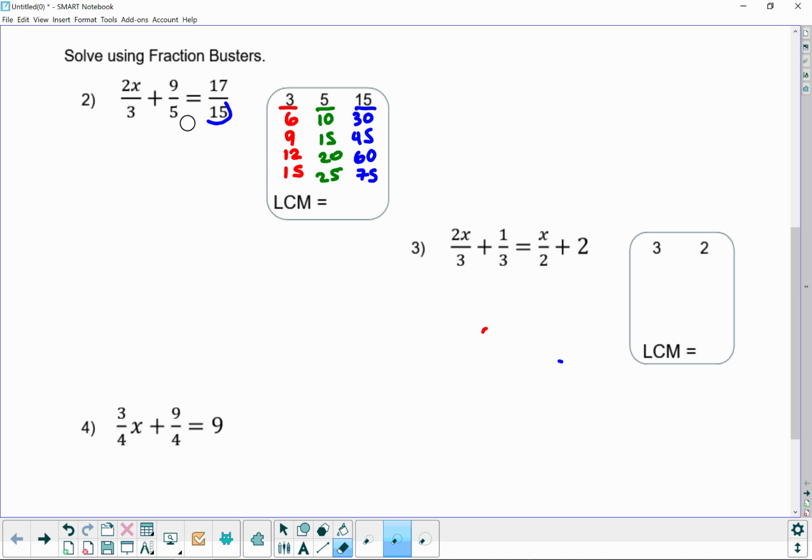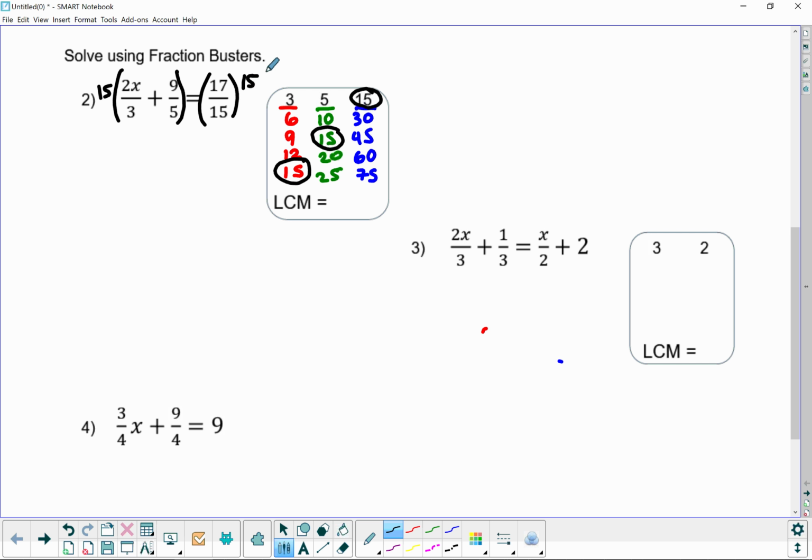When I look at all 3 multiples, I'm looking for the smallest. Actually, they're all 15s. If you're not looking carefully, you might miss it, but it's 15, 15, and 15. So I need to multiply by 15, the left side by 15 and the right side by 15.